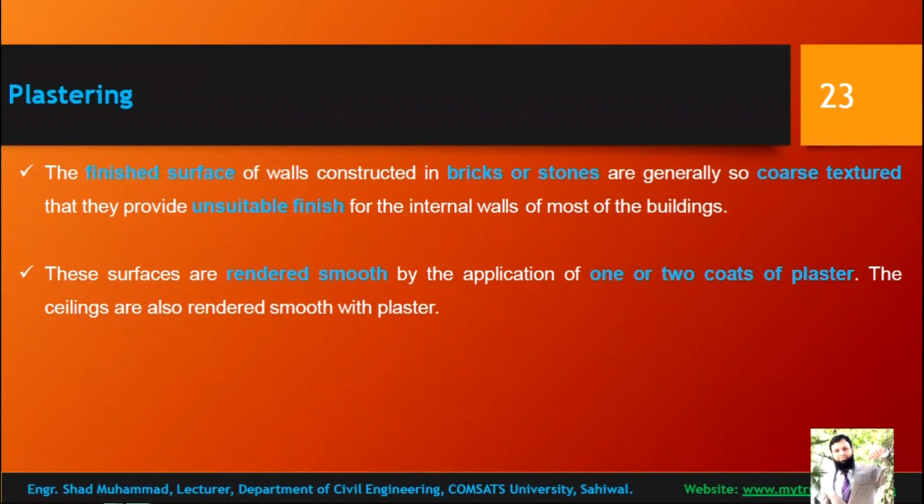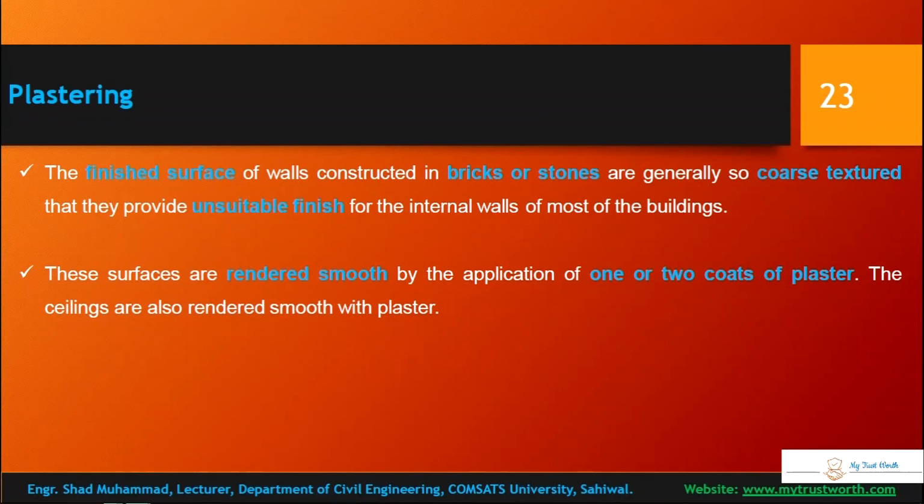You cannot live there. There are holes created, and with the passage of time, the mortar disintegrates. The mortar used for the binding of the brickwork and stoneworks starts disintegrating, and there can be caterpillars and insects inside them, and we need a smooth surface finish.